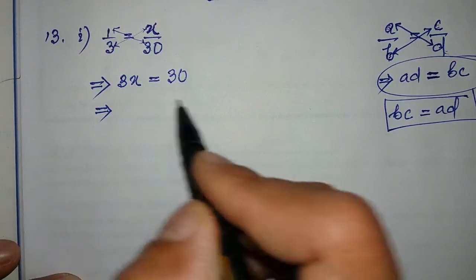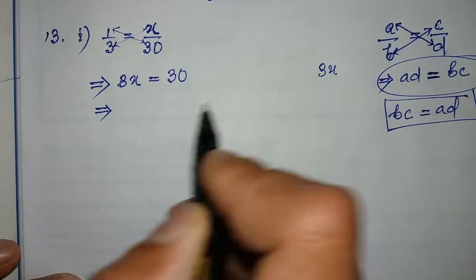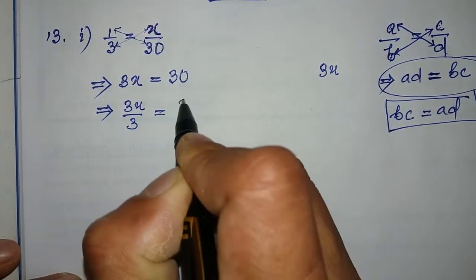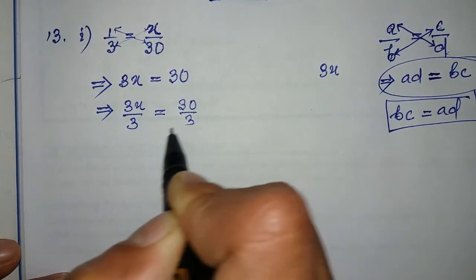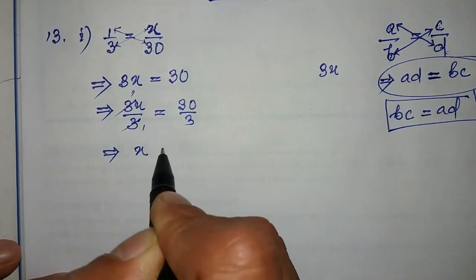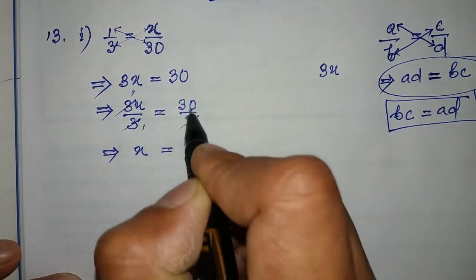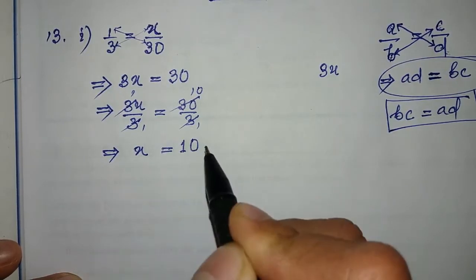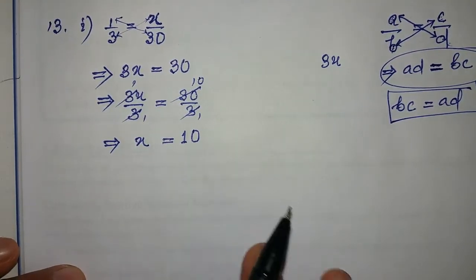So if you divide 3x by 3, here also 30 by 3. So here cut, you'll get here x equal to, here 3 1s are 3, 3 1 0, so you get here 10. So the value of x is 10.